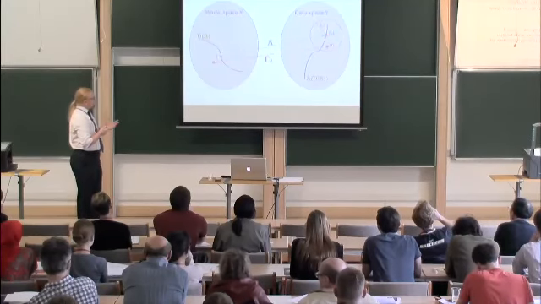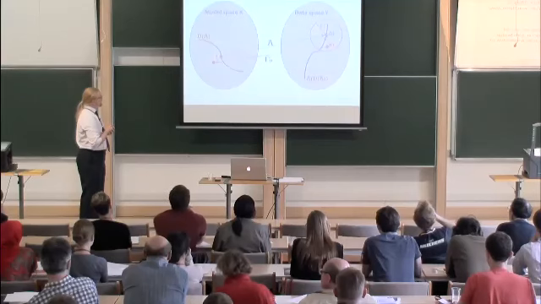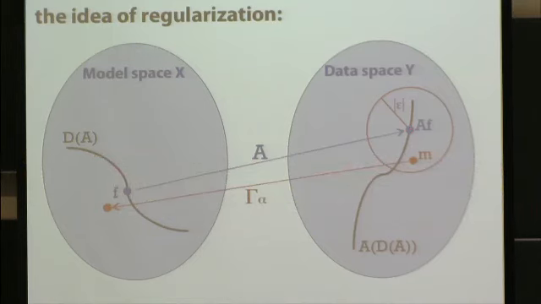Then it also might happen that there would be two different objects, another, let's say f prime, that would also map to the same point here. That would be a problem with uniqueness in Hadamard's conditions. If we would like to apply the inverse of A to this point and it had two or more pre-images, which one would we choose?